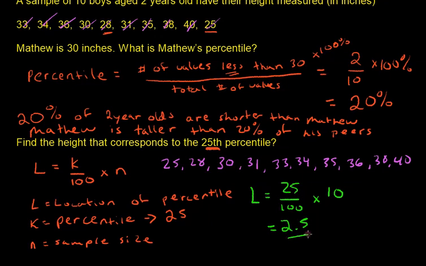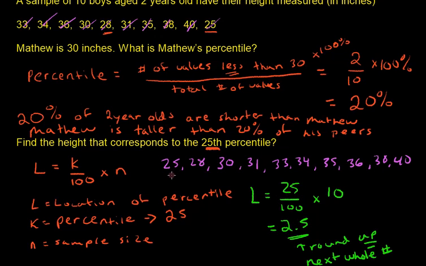When L turns out to be a decimal, you always round up, even if it was 2.1, to the next whole number.